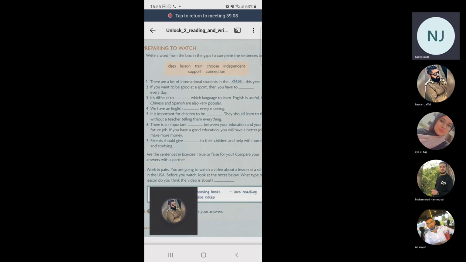Yes. Without help. Please, for 2 to 3 minutes, mute your microphones if you want, and try to solve this exercise. You have to fill in the blanks. Take a look at these 7 words in the box and try to complete the sentences below with one of these words.